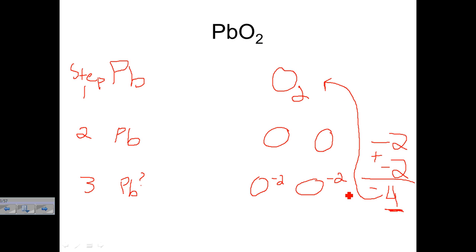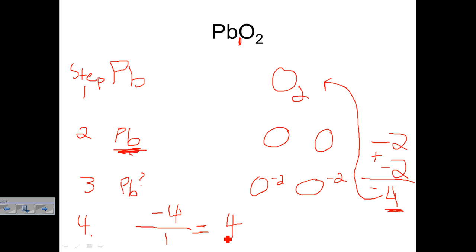Step 4 of our SCAC method is that we take our charge, which is -4, and divide it by how many metals we have. How many lead do I have? Only 1, right? There's only 1 lead in this formula. So -4 divided by 1, my final answer is going to be 4.